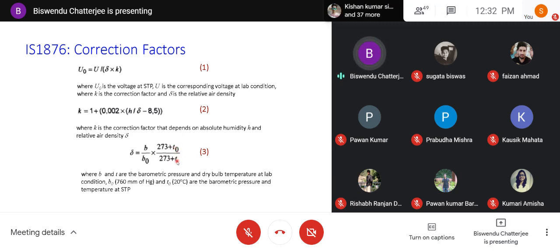How will you measure lab condition temperature? With the help of a thermometer. And B0 is the barometric pressure. The 0 suffix means standard, that is the ideal 760 millimeters. And B is the lab condition pressure. How do you measure it? With the barometer. Temperature is measured by thermometer. Pressure is measured by barometer.